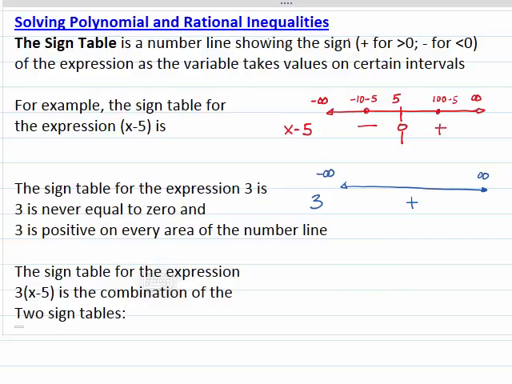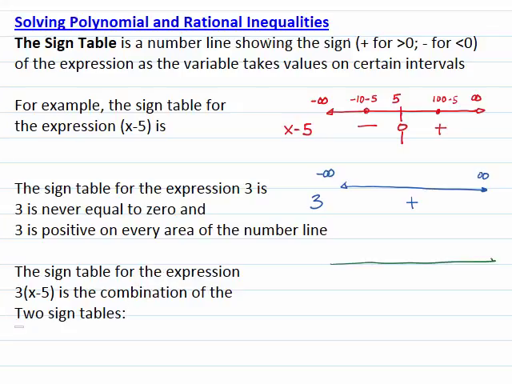Now the sign table for the expression 3 times x minus 5 is the combination of the two sign tables into one. So the sign table will look like this. This is the number line, negative infinity to infinity. One of the factors is 3, and the other factor is x minus 5.